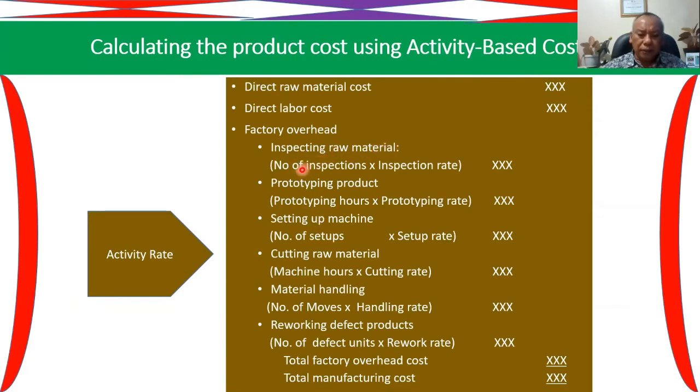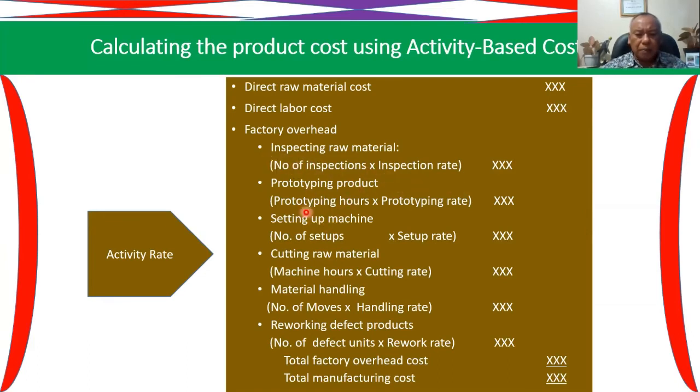For example, in this case, we have inspecting activity, prototyping activity, setting up machine activity, cutting activity, material handling activity, and reworking the defect products activity. So actually the formula is similar. For example, how can we assign the inspecting raw material costs? Number of inspections times the inspection rate. Actually, this is the actual number of inspections.